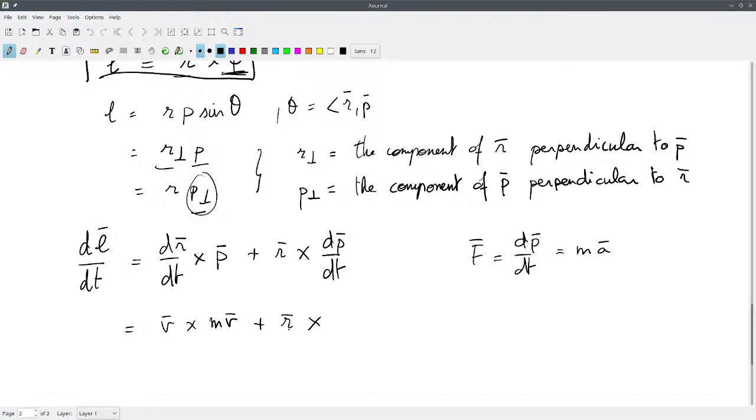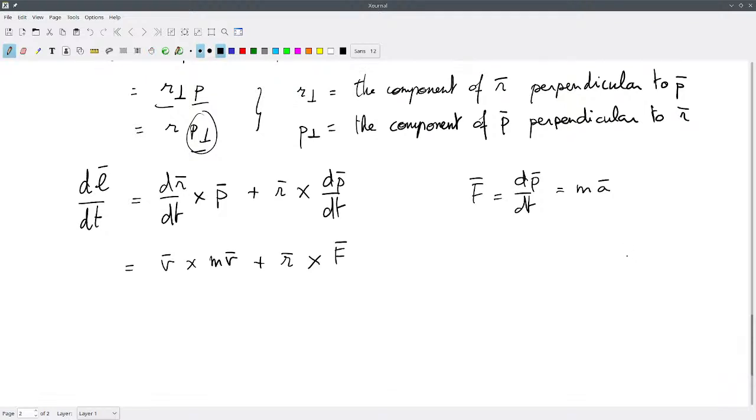So r cross dp dt is actually r cross F. So now we have here the cross product between two parallel vectors. They're actually a scalar times the cross product between two identical vectors. So this will be 0. So the only thing we're left with is r cross F.